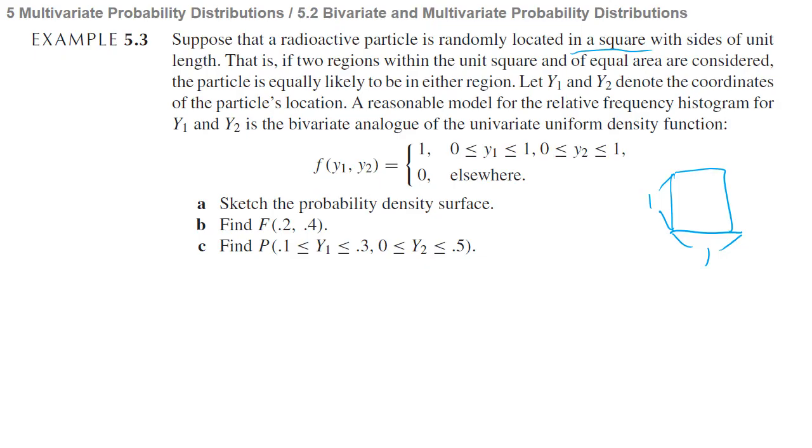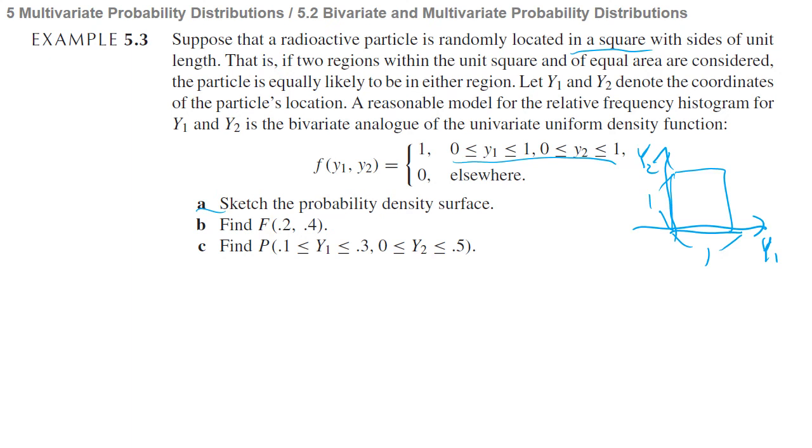Let Y1 and Y2 denote the coordinates of the particle's location. A reasonable model for the relative frequency histogram for Y1 and Y2 is the bivariate analogue of the univariate uniform density function on the interval. Number A, sketch the probability density surface.